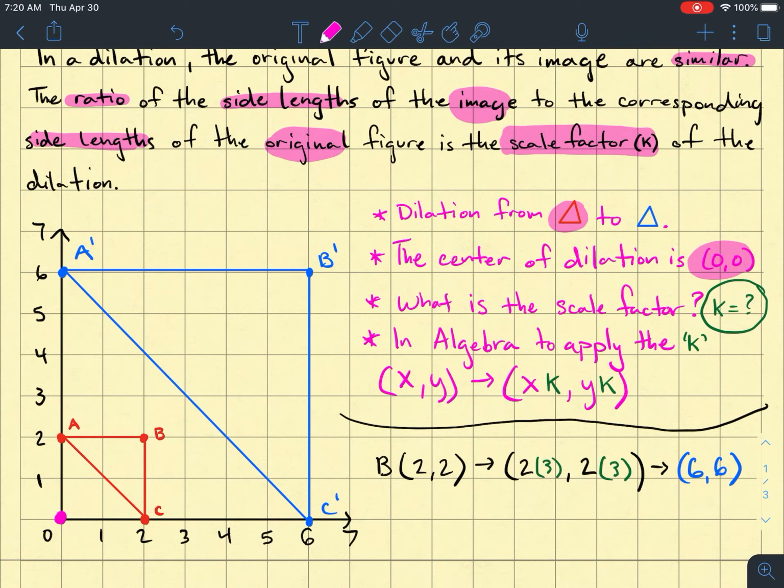So what's the scale factor? Let's try to figure out what k is. How can we do that? Let's take a look at points B and B prime. The location of B is (2, 2).